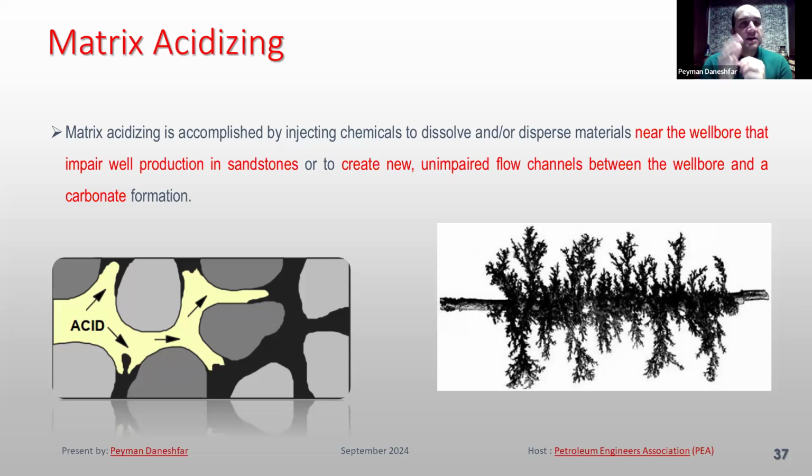Keep in mind, acidizing by itself can decrease the skin factor in sandstone to zero at maximum, but in a carbonate formation it can be maximum -5 or -6, I think.